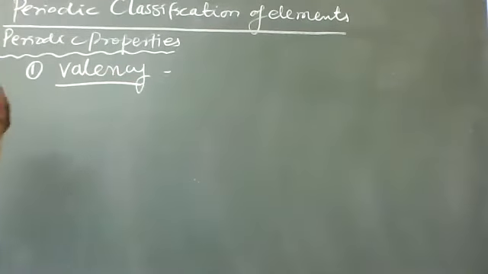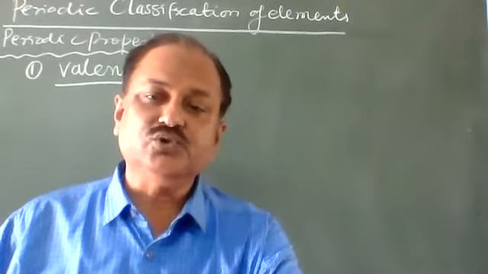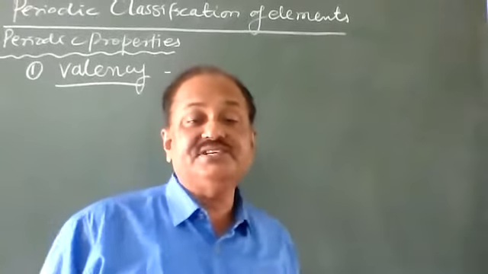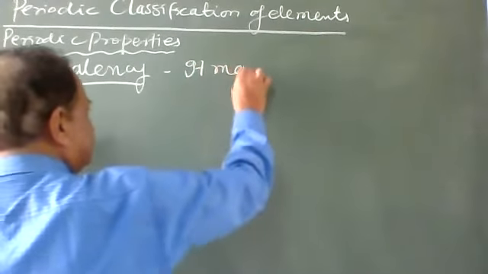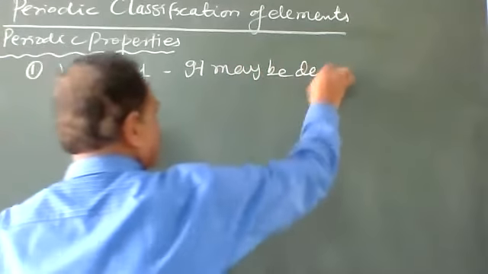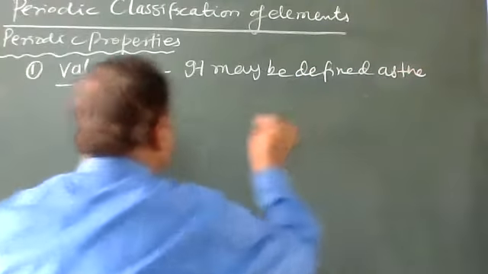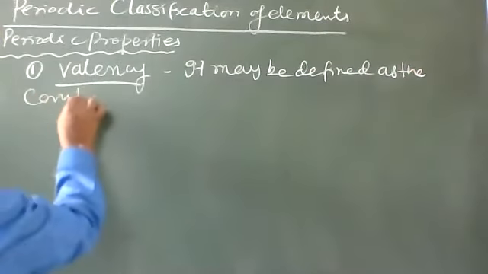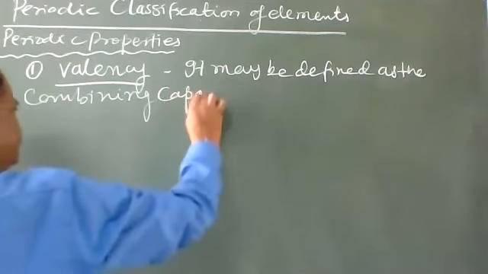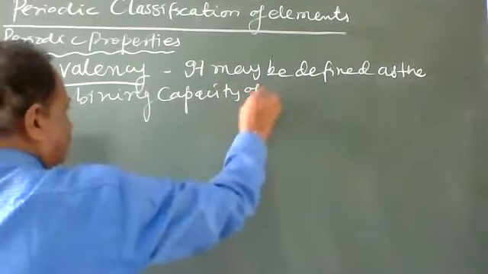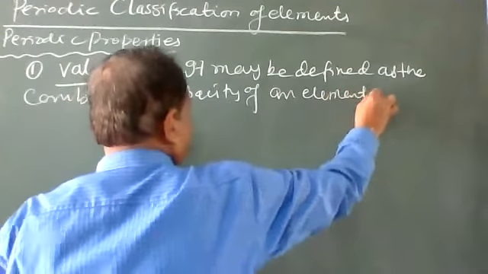Now valency is called the combining capacity of an element. So it may be defined as the combining capacity of an element.